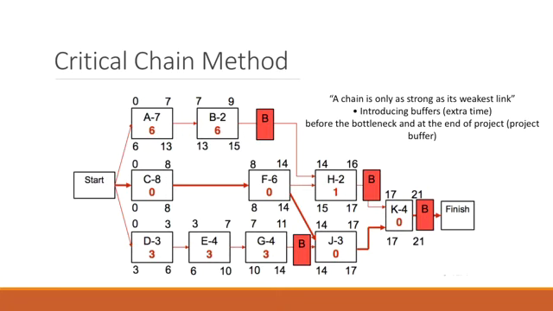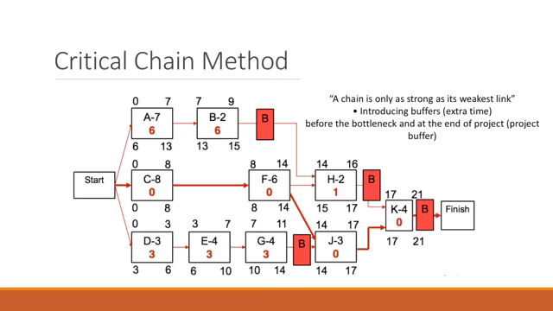This buffer is given in there, so now instead of me saying that J3 is going to start on this particular date, I put a buffer before that. That's what is called the feeding buffer. So I will say that I need J3 to start on an earlier date, but in reality I don't need J3 to start on that earlier date.